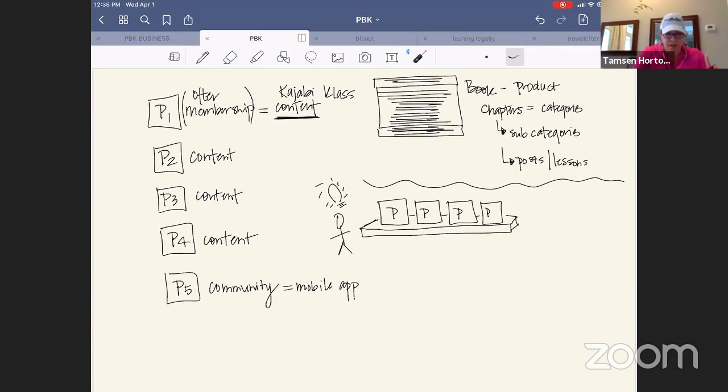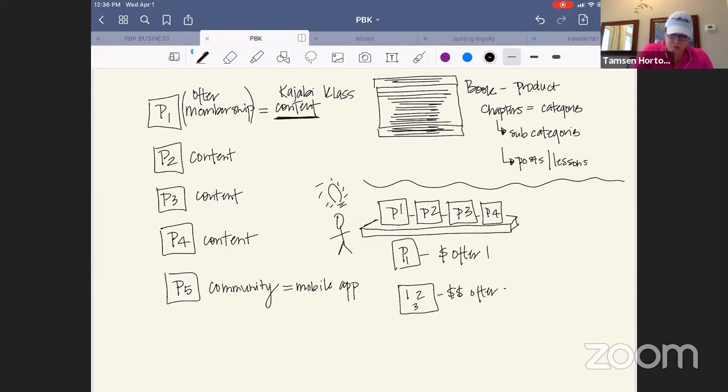When I was building, what excited me, and I've since changed my mind as you know, life and business have all matured, I liked the idea that I could package and sell product 1 by itself as an offer, offer 1, that I could bundle them together and let's say sell 1, 2, and 3 together as offer 2.